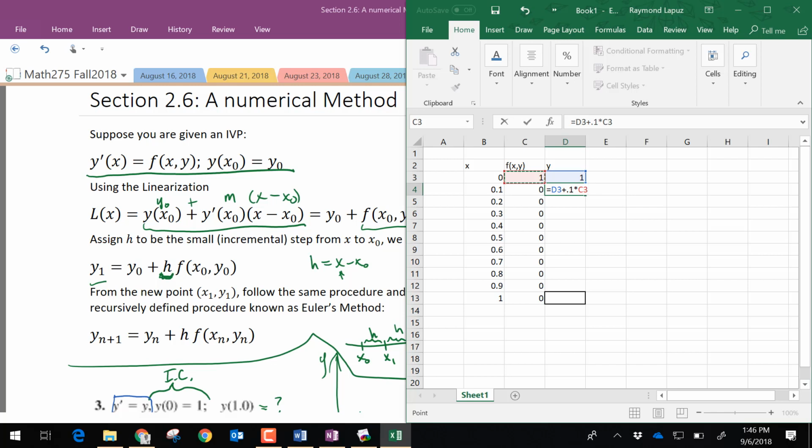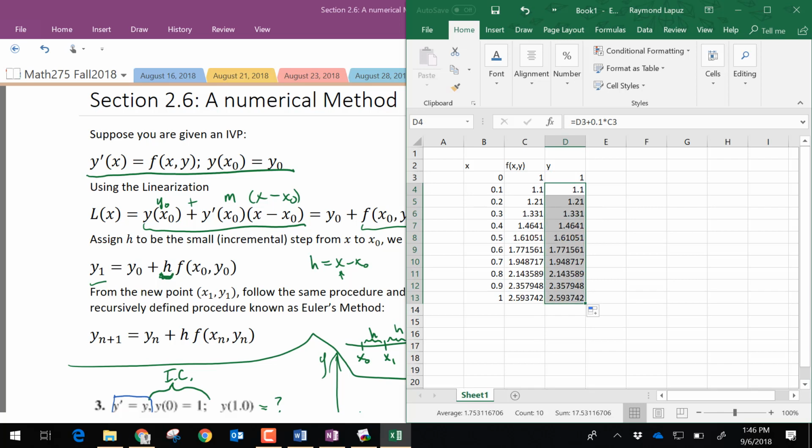And then I think that's it. So if I press enter, that's the 1.1 that we got. And then the next one should be 1.2. And then there you go. So this is our solution. Well, kind of our solution.